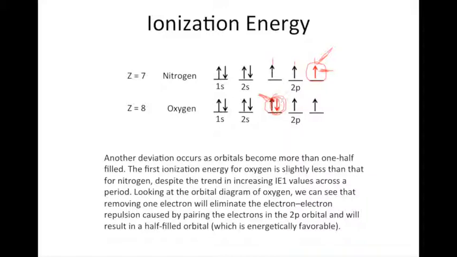So because there's some electron-electron repulsion, it's going to be easier to pull off that electron in oxygen, resulting in a lower ionization energy. And again, we'll see this similar trend if you compare the electron configurations between phosphorus and sulfur. So these are two exceptions or deviations from our general trend for ionization energy. Be sure you can explain these and understand why these deviations take place.